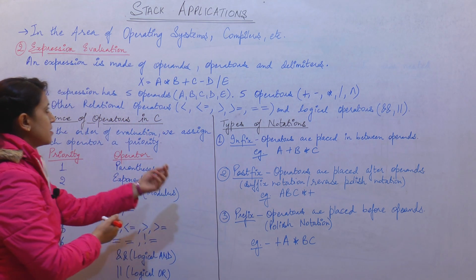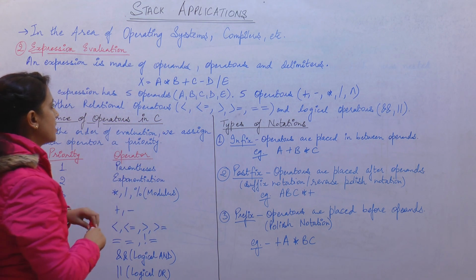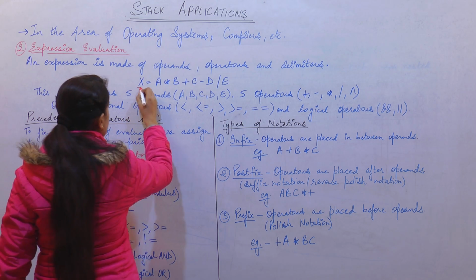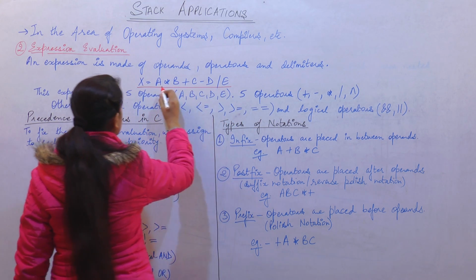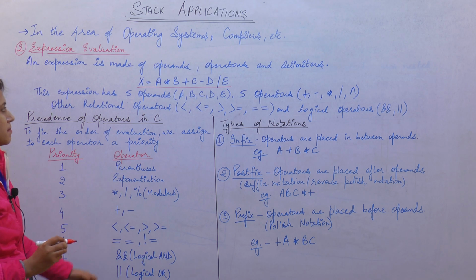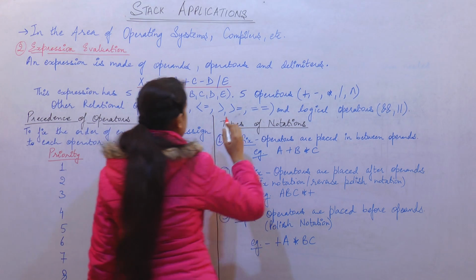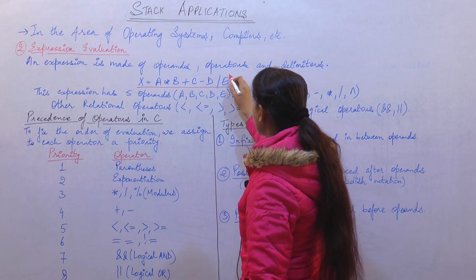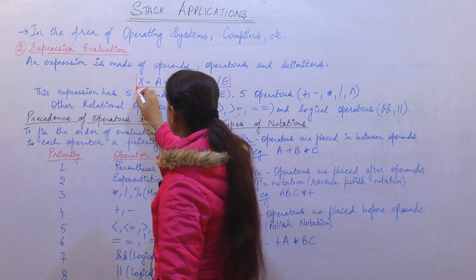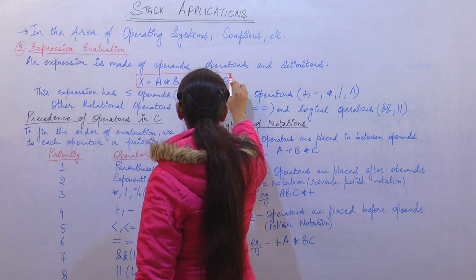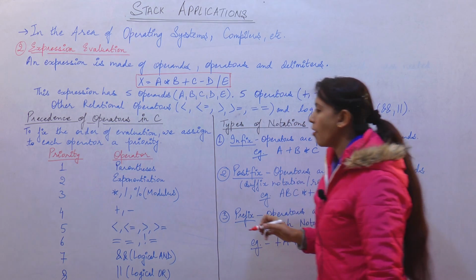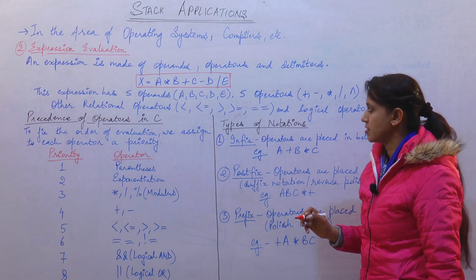Our expressions are mainly written in mathematical form like this: x equals a into b plus c minus d divided by e. So this expression contains both operands and operators.